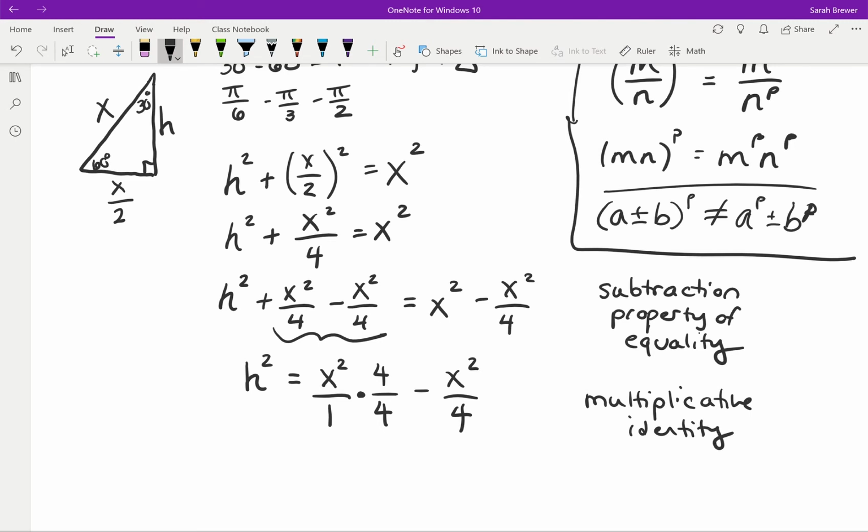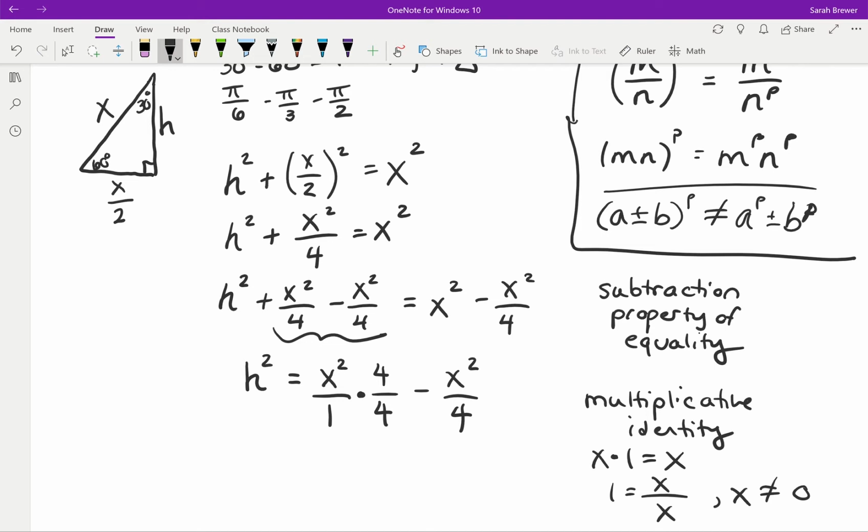That just means I can multiply any number by 1 and it remains unchanged. And I can write the number 1 as any number other than 0 over itself. So I can multiply by 4 over 4, 5 over 5, (x plus 7) over (x plus 7), as long as I'm being mindful of the fact that I don't have 0 in a denominator, because that's when things get all crazy.